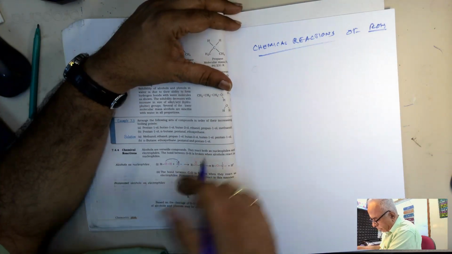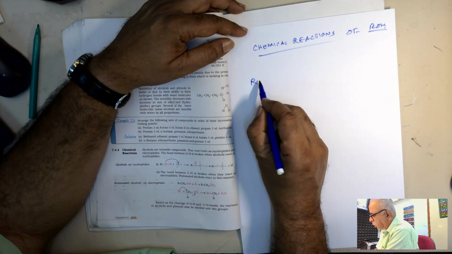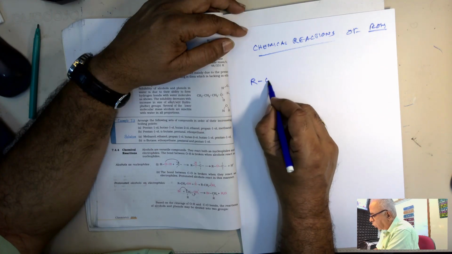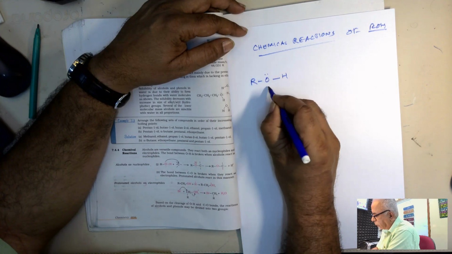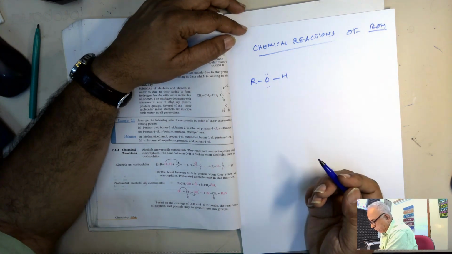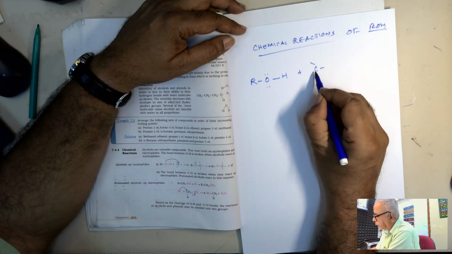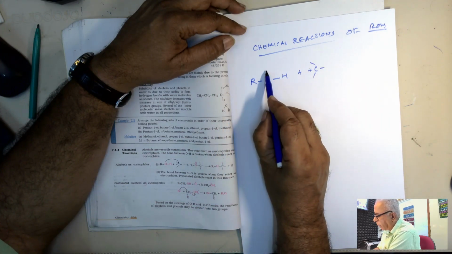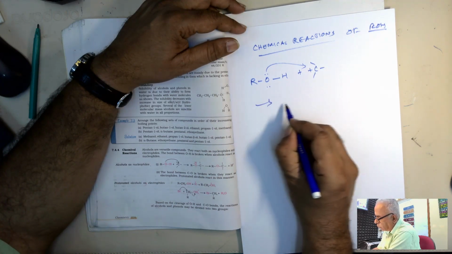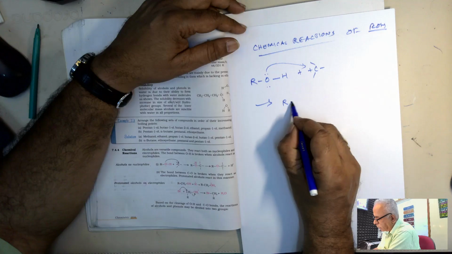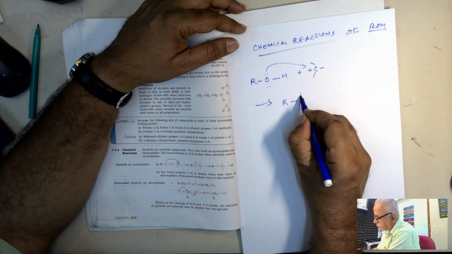ROH. Now listen to this point. Nucleophile means what? You've got this bond, O then H. What is this? Alcohol. You've got two lone pairs of electrons on the oxygen. Take down. Now when it combines with the carbonium ion, a pair of electrons can be transferred like this, so that it forms R and then O, and here it becomes plus.